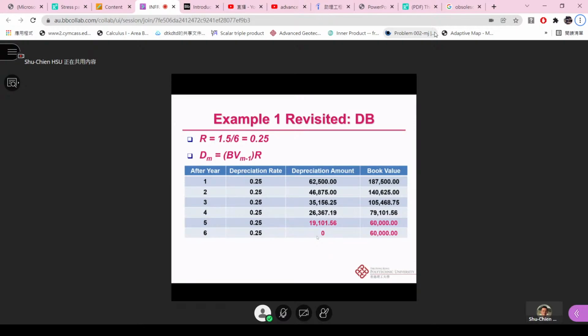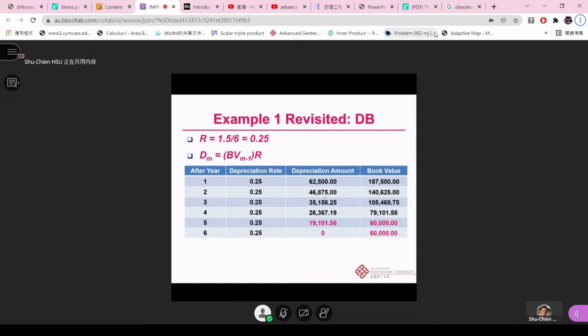And D_n is then equal to BV_(n-1) times the R. So with a depreciation rate of 0.25, we can get a depreciation amount. How we get this 62,500 is that we just use the 250,000 times this 0.25. Then we subtract this depreciation amount and get the book value after the first year, 187,500. Then we take this and times 0.25, so we get the depreciation amount for year 2 as 46,875.